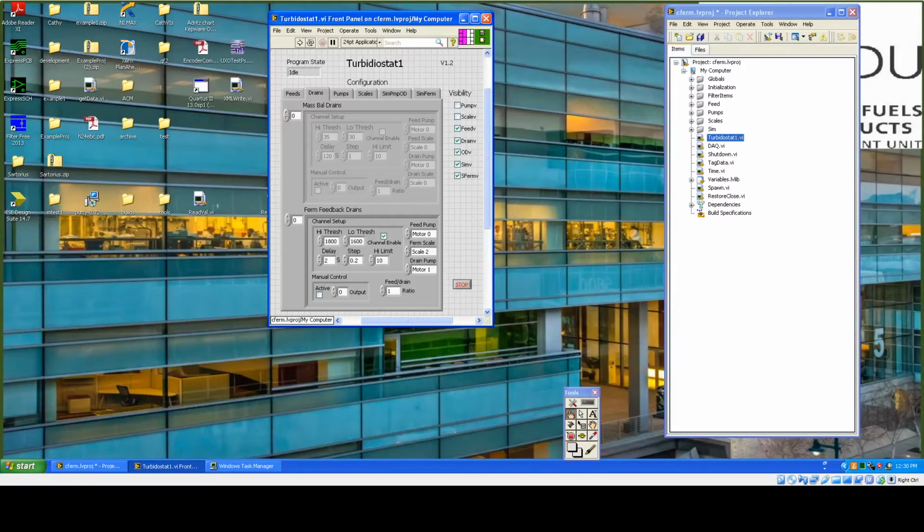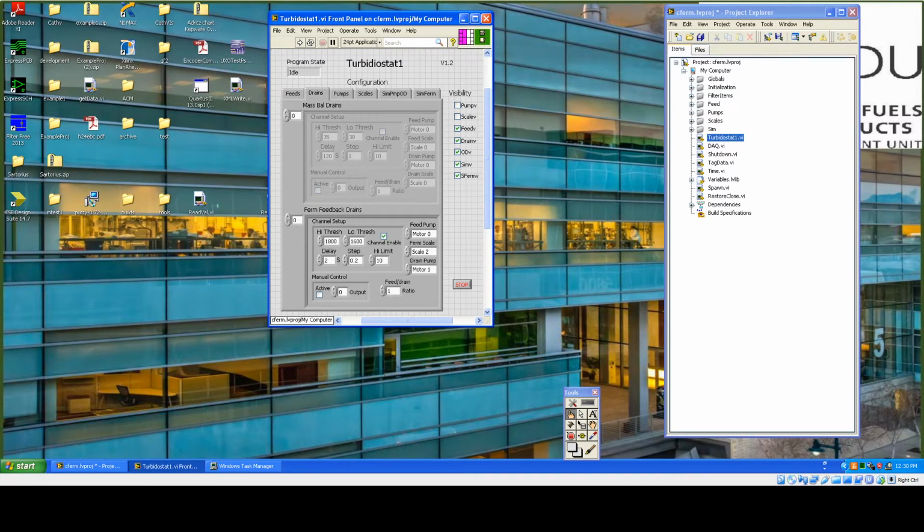This is the Turbidostat version 1.2, and the difference here is that we added alternate drain logic. There are two drain VIs supported now: a mass balance drain, which will literally just match what we feed in to what we drain out, and the assumption is that another system will determine the fermenter volume and either add or get rid of fermenter volume as necessary.